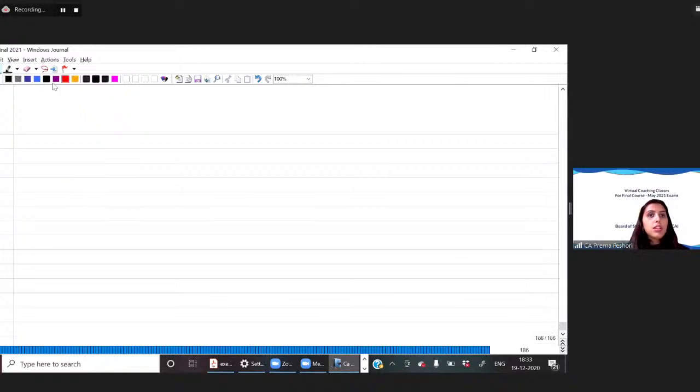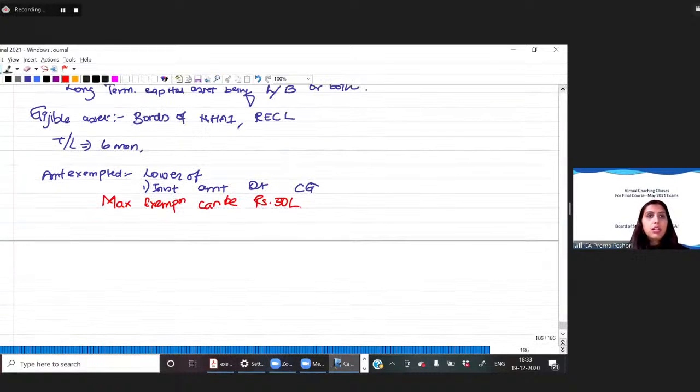What is the lock-in period? Five years from date of acquisition. The lock-in period is 5 years from the date of acquisition.